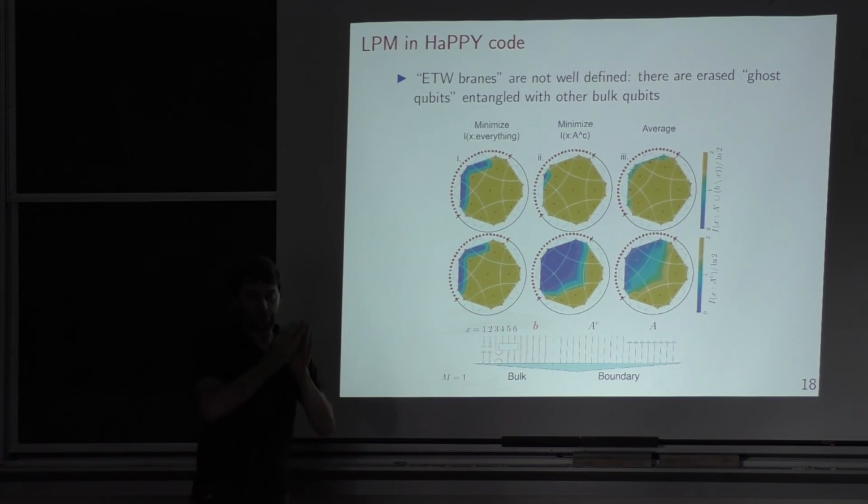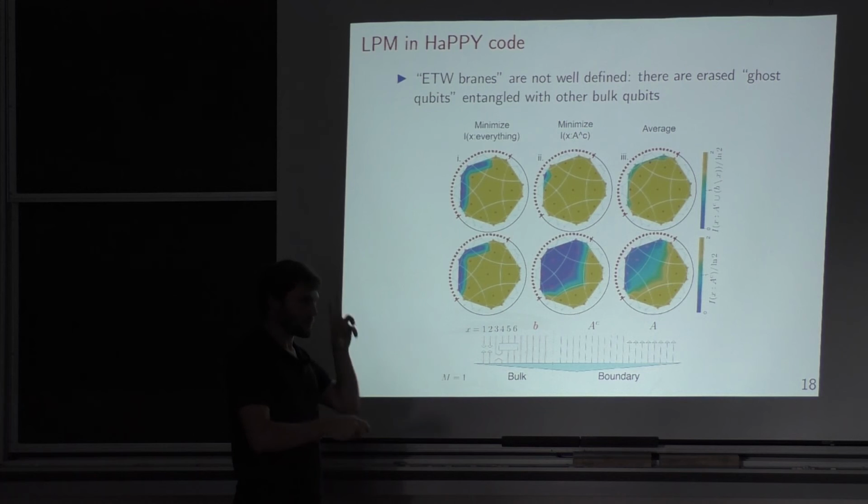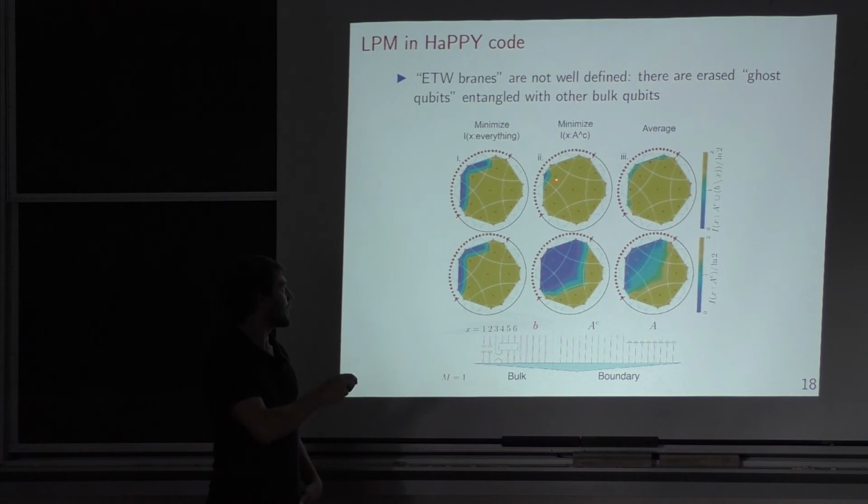You can just tune it a little bit away from extremality. On this top line, there is this bulk-inclusive mutual information, and this is the same that we had before. So if you minimize the bulk-inclusive one, you just obtain a near critical tension brane. If you minimize instead the one that we saw before, it looks like you're erasing the bulk, but actually all these bulk qubits still have entanglement with other bulk qubits.